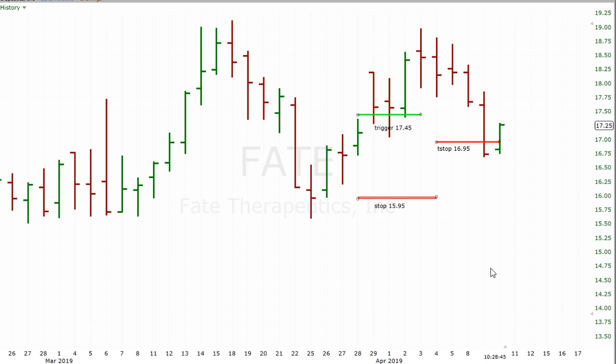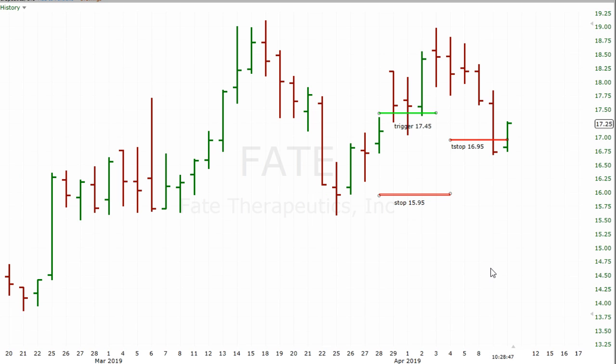Notice if you had taken the entry right above the trigger line in there somewhere, you had those 3 higher lows, right? So you could have looked at that and said, I'm going to go ahead and just protect my position.